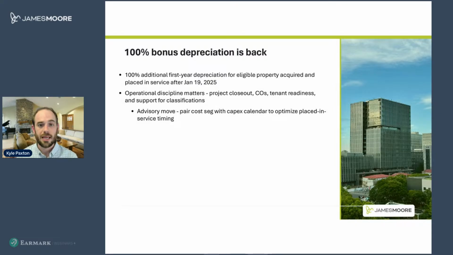And you can potentially get 100% cost recovery in year one as a tax deduction under the One Big Beautiful Bill Act. So this came into effect after January 19th, 2025, and it's ongoing indefinitely, barring another law change. So really, at a high level, there's a lot of opportunity here.